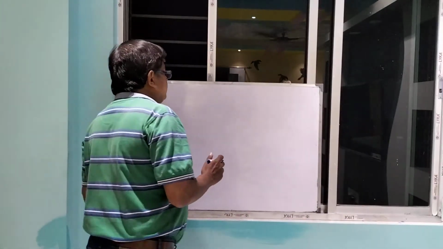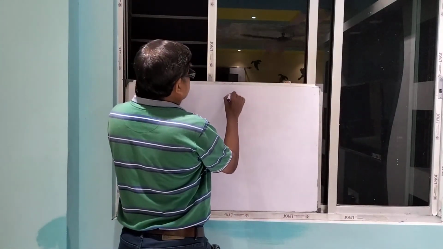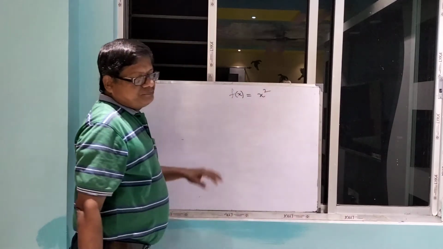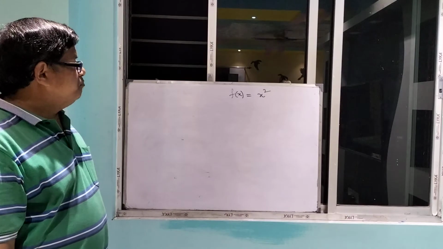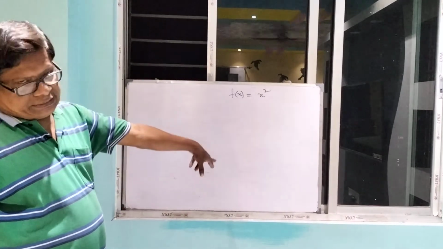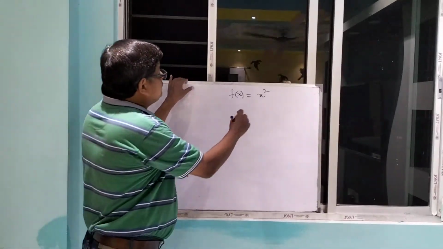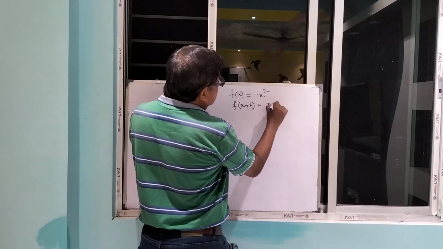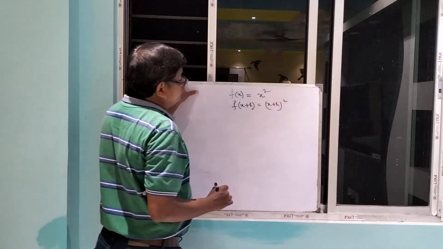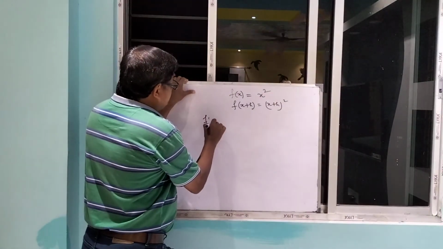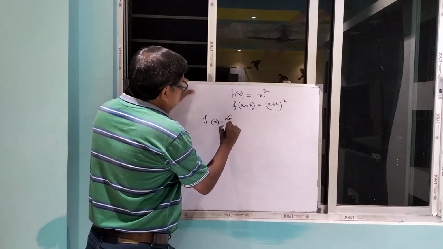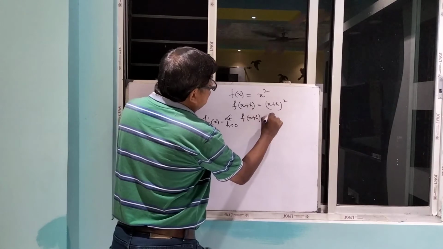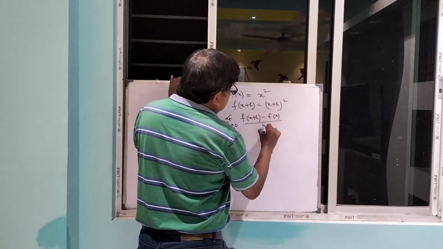Suppose f of x equals x square. With the help of first principle, find f dash x, that will be dy by dx. This is given x plus h whole square. Write f dash x equals limit h tends to 0 of f of x plus h minus f of x by h.